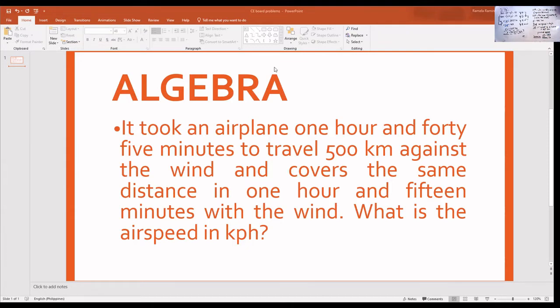And the question is, what is the air speed in kilometers per hour? So our answer here is 342.857 kilometers per hour, which is the speed of airplane in still air.